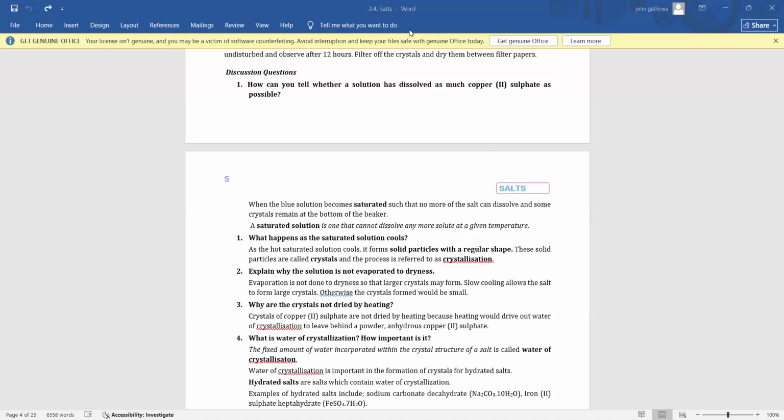Let me type it in the chat. So this is what you are to write. Heat the mixture.